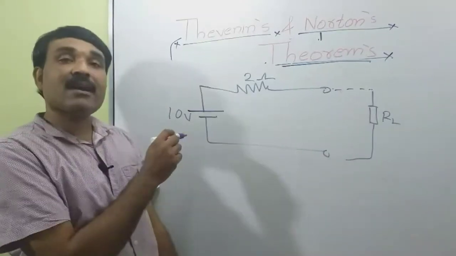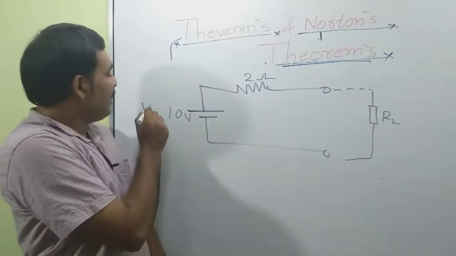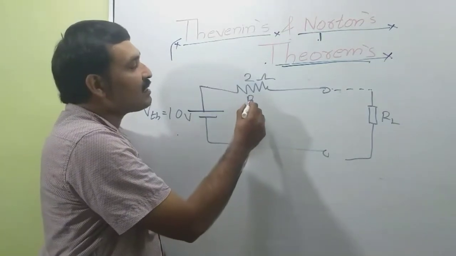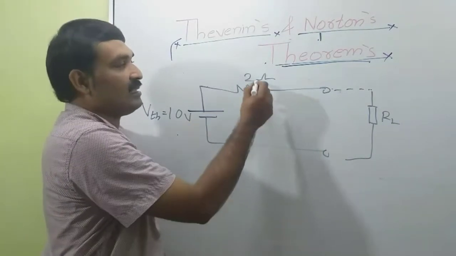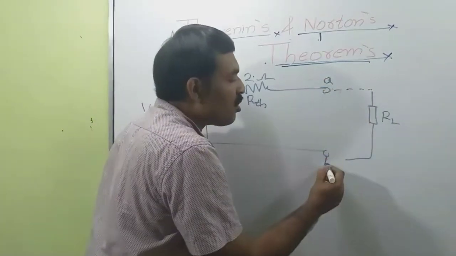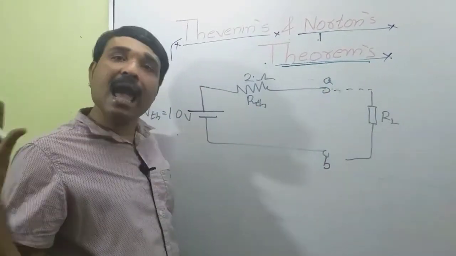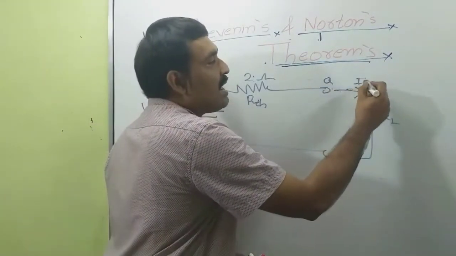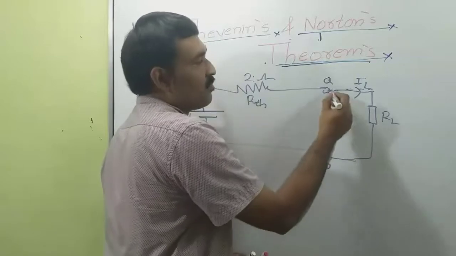Suppose this is a Thevenin's equivalent circuit with VTH equal to 10 volts, and let this be the Thevenin's equivalent resistance RTH, given as 2 ohms, and we are connecting the load across this terminal AB. Now we can find the load current IL when we close the circuit.